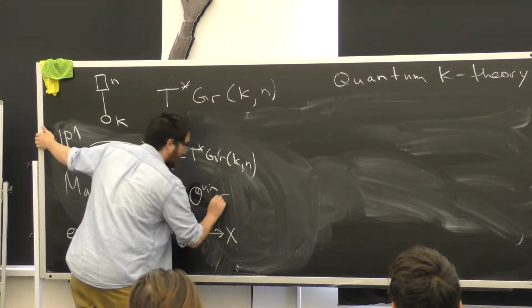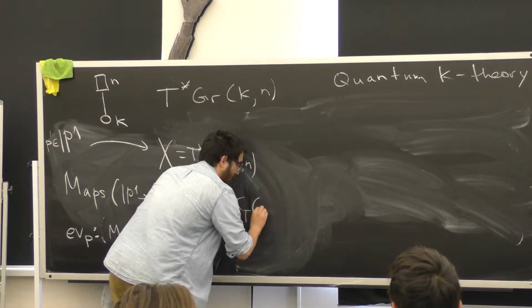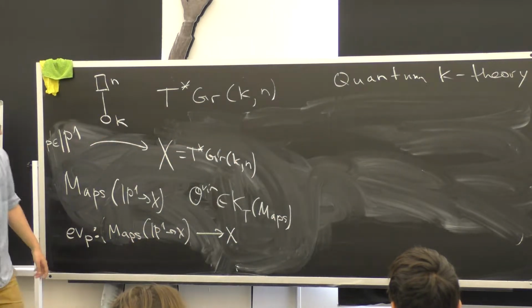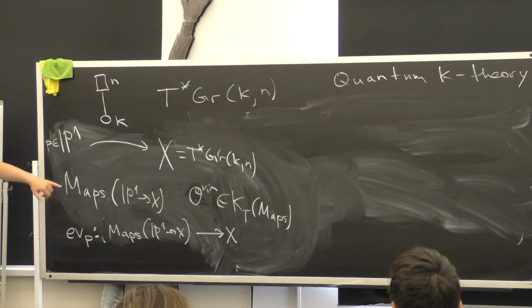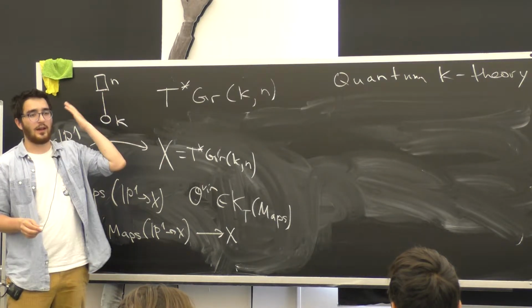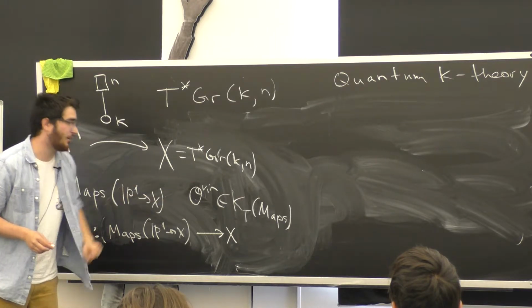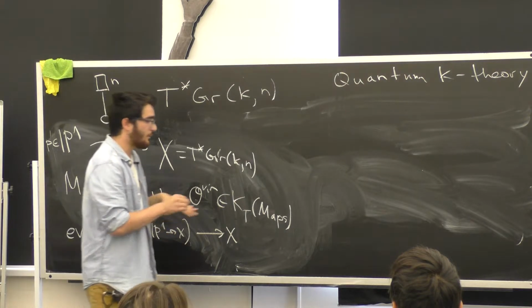So this lies in K-theory of the space of maps. And note that I took a covariant K-theory because if we have a torus acting on X, we can just lift that action up to the space of maps. So if you have a specific class you're interested in, you can push it forward.